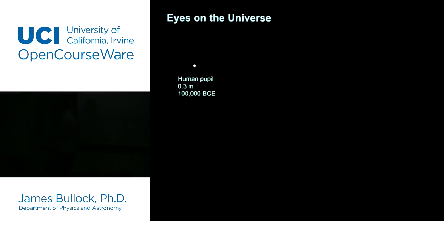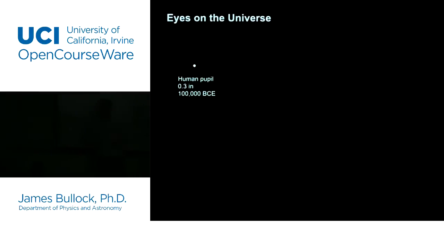The main tool they had to look up at the heavens with was the dilated pupil of their eyes, which is 0.3 inches in diameter. And with that tool, armed with a big brain, they eventually built models that were amazingly observant.